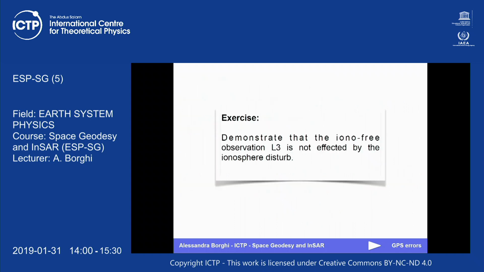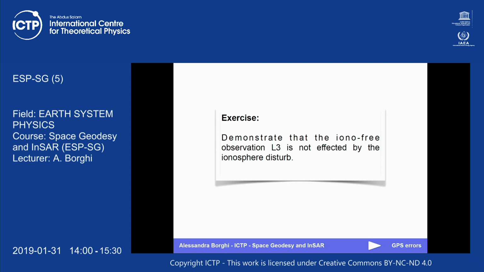Sorry. Okay, an exercise at home is very easy. I think that you can do it. You can demonstrate that the ionosphere-free observation L3 is not affected by the ionosphere disturbance. You have just to find N1 and N2, the 2 coefficients.